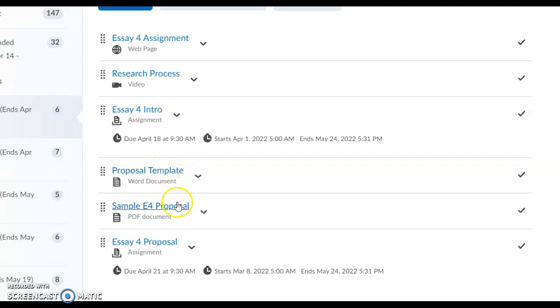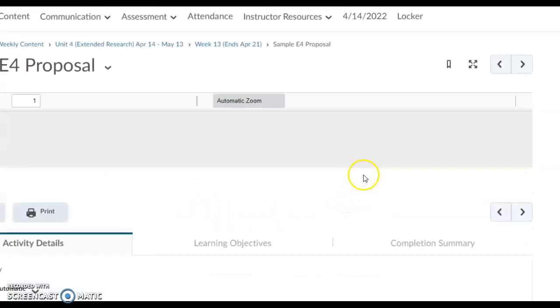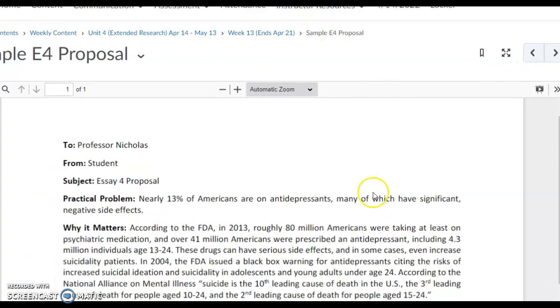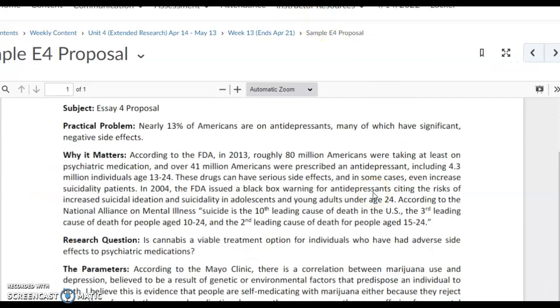There's a template as per usual. I want to show you the sample. This came from one of my students. I'm going to try to move this just a tiny bit. There we go. She started initially with Essay 3, just a meme that claimed that pot was better for depression than prescribed antidepressants.